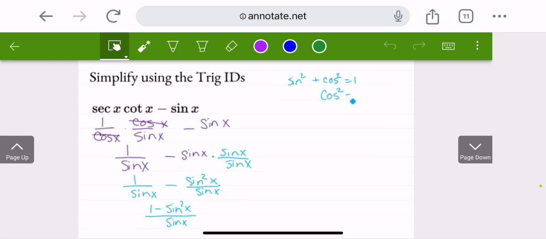Cosine squared equals 1 minus sine squared. So this becomes cosine squared of x over sine of x. Our goal when we're simplifying is to get rid of as much stuff as we can. Sorry, that denominator is sine x, not sine squared.